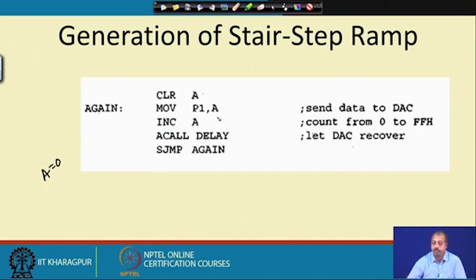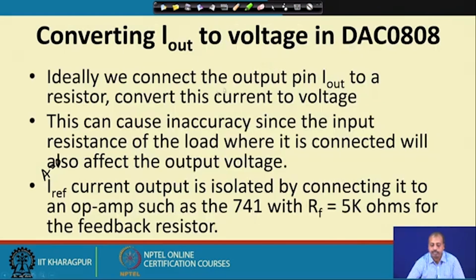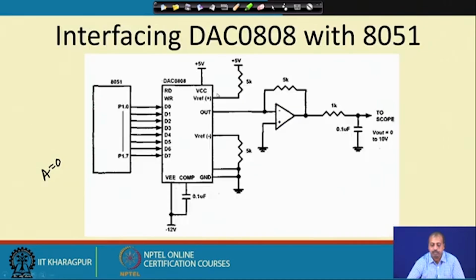This statement will put the A output onto the input of the 0808, which will convert it into an analog value. So you will get a 0 at the output.